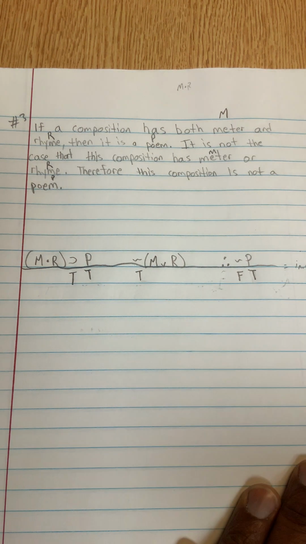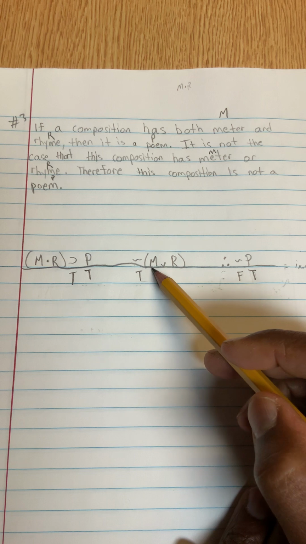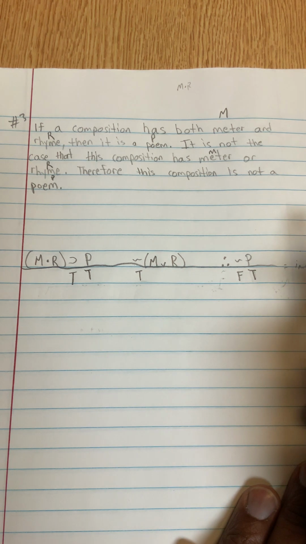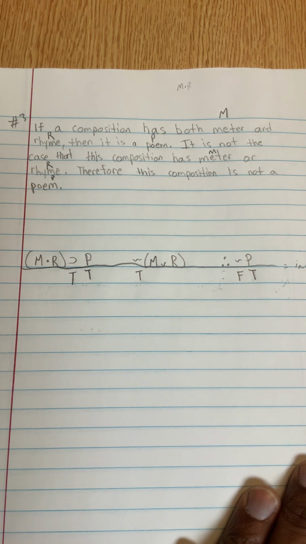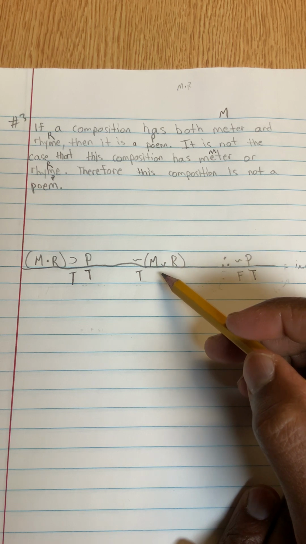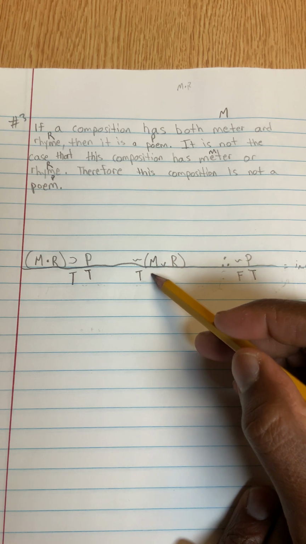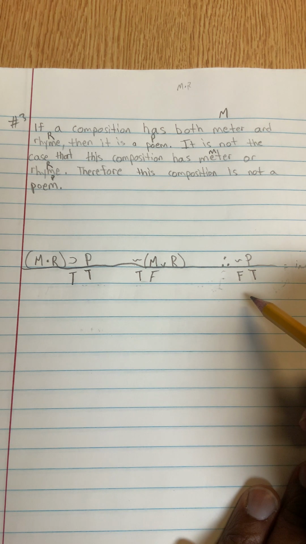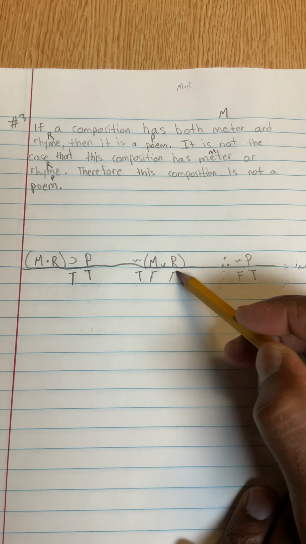I know that both M and R are negated. Both M and R are negated. Right? Right. So this is a false. And that's a false.